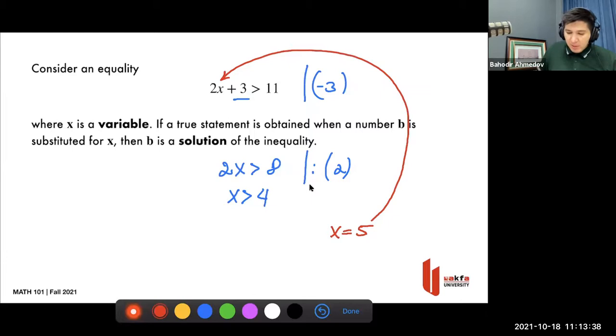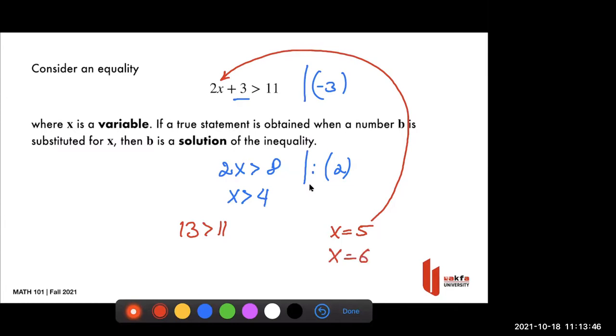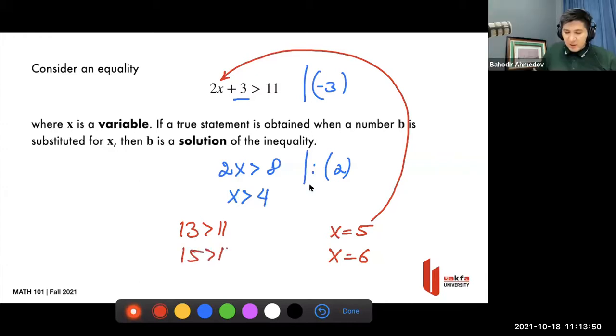It becomes 13 is greater than 11. Is it true? Yes. If x is equal to 6, it's also a solution, because if you substitute, it becomes 15 is greater than 11. It is true. And this inequality, which states that any value of x more than 4 is a solution, has infinitely many solutions.